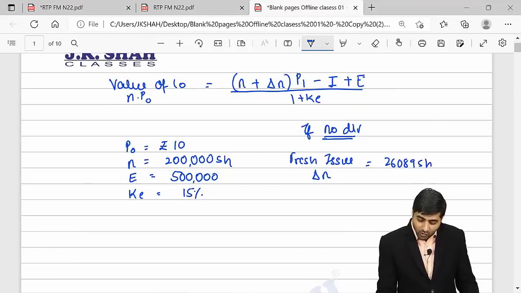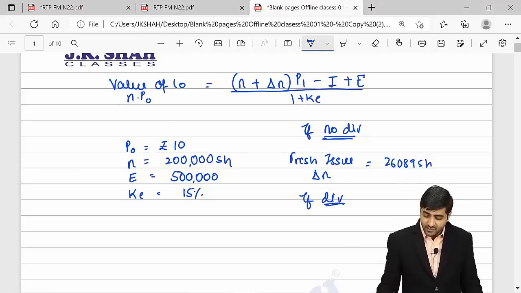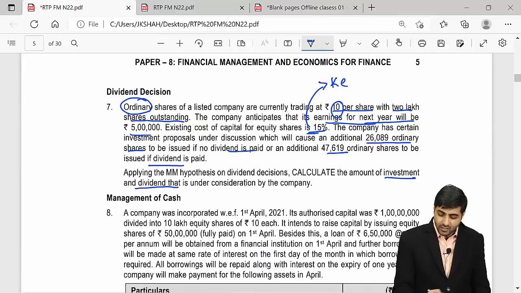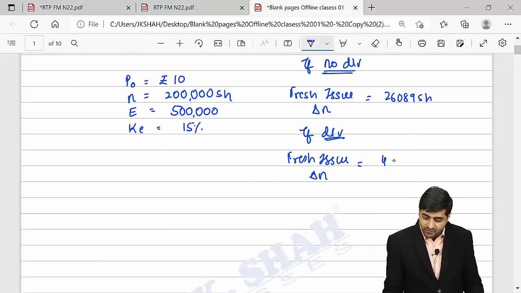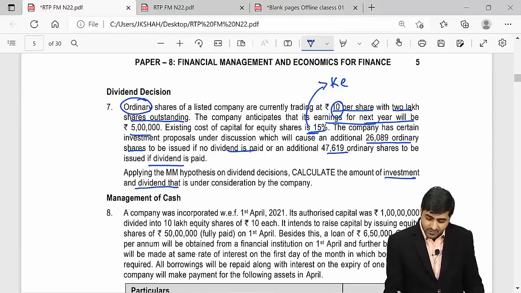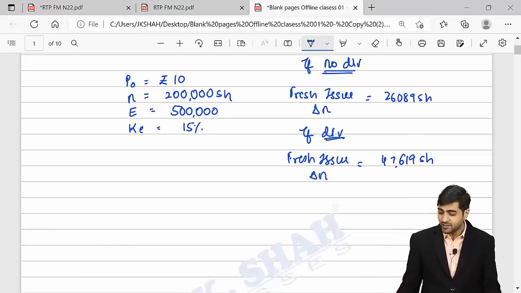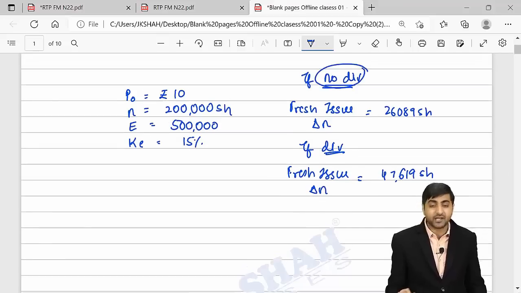Okay, but obviously if dividend is paid, then definitely your fresh issue or your Δn, so if dividend is paid, we have 47,619.